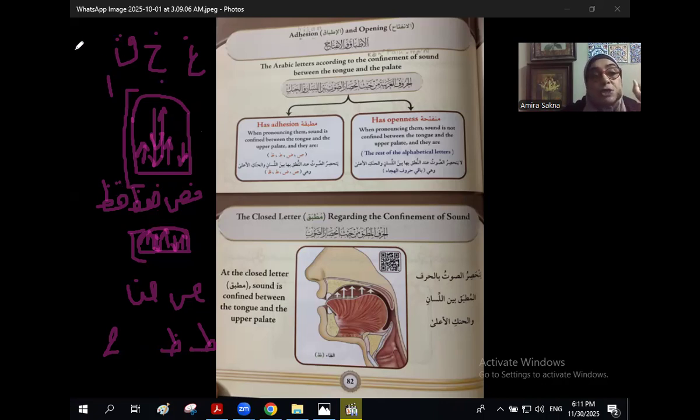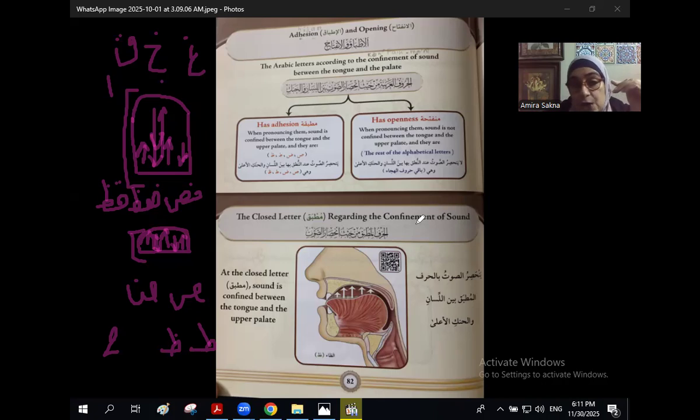So when we talk about the Arabic letters regarding إطباق and إنفتاح, they are divided into two groups. The first group is مطبق, and they are only those four letters, four from the seven elevated letters. When we pronounce them, the sound is confined between the tongue and upper palate.